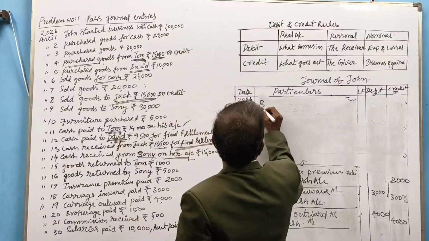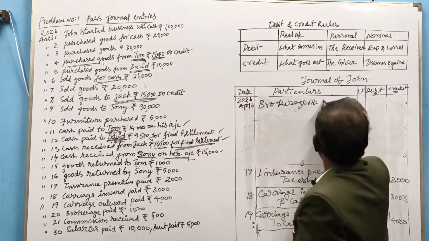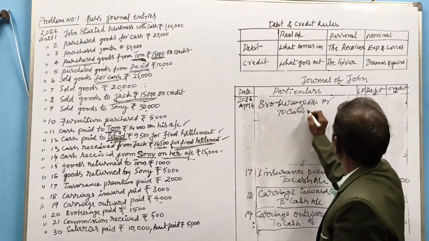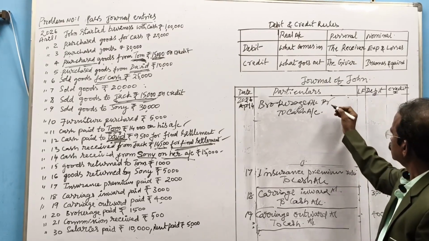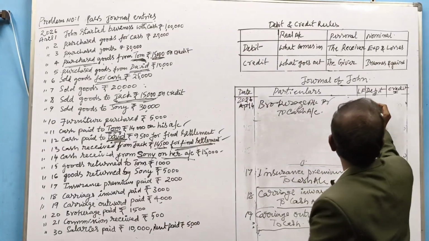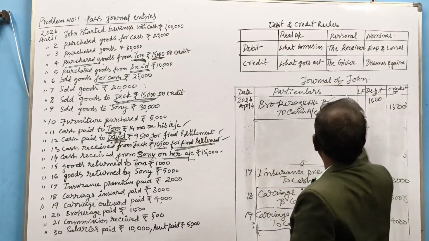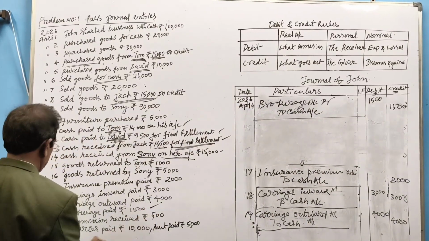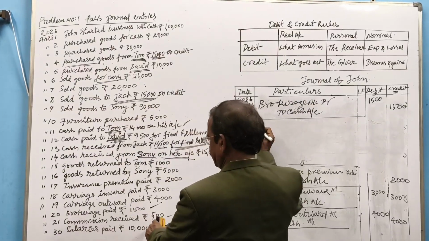For this, brokerage account debit to cash account. Cash account. How much is that amount? 1,500. 1,500 over, then commission received, means cash we received.